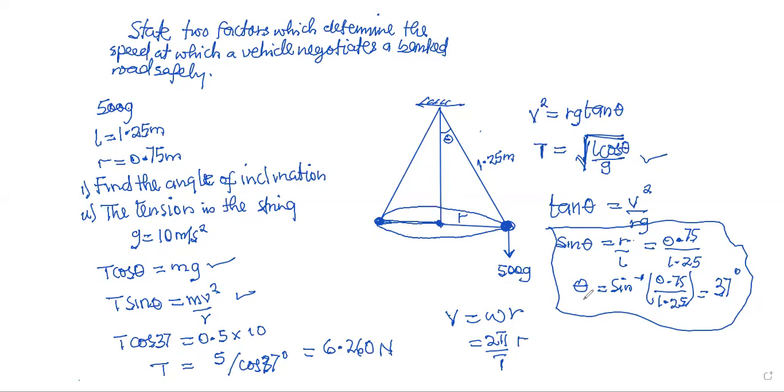When you determine the period using this, you have 1.25 times cos of 37 over 10, and you have the period. Once you have the period, you can find V. Then you substitute V into this. Yes, that's true. Amia's method is quite long, but it will also give you the same value. Did you get the same answer?